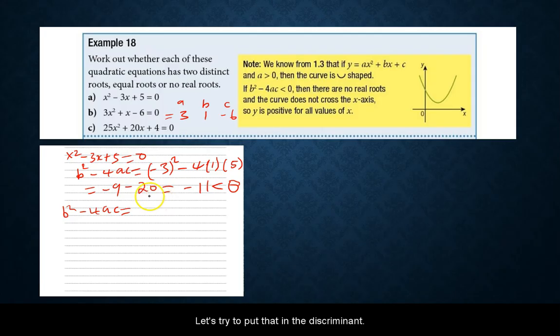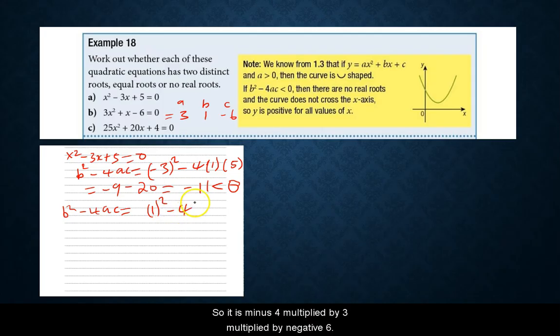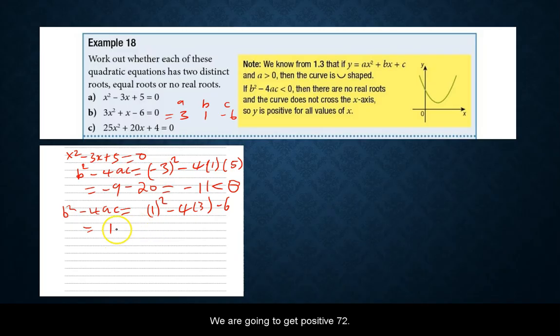Let's put that in the discriminant: 1 squared, which is b squared, minus 4 multiplied by 3 multiplied by negative 6. So 1 squared is 1, minus 4 times 3 is minus 12, multiplied by negative 6 gives positive 72.